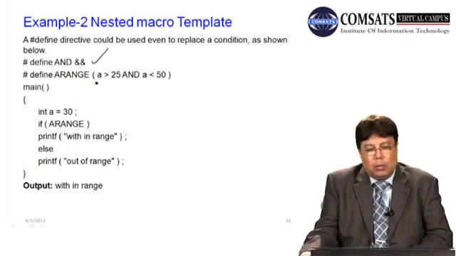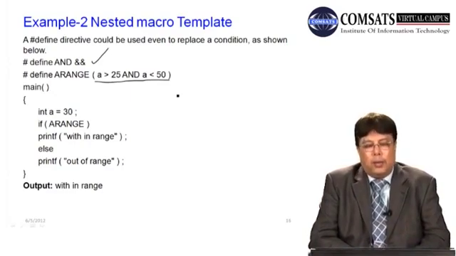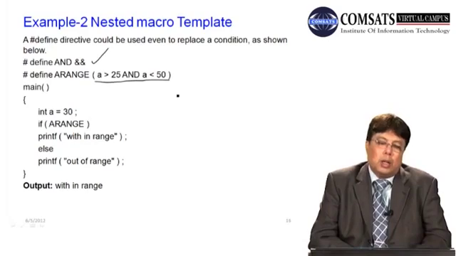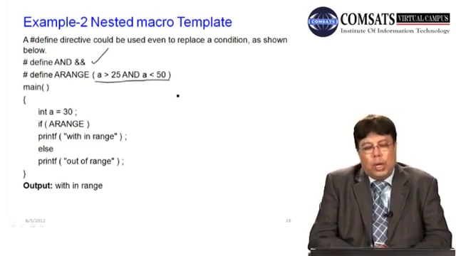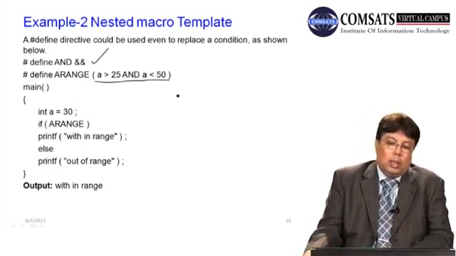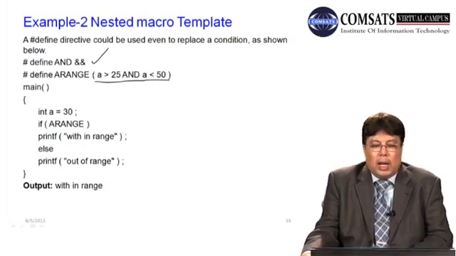Now we can say that if a student gets marks A greater than 25 और A is less than 50, किसी बच्चे के नंबर अगर 25 से ज़्यादा और 50 से कम तो we can consider कि that student, वो जो बच्चा है, is an average student. Okay, so this test A is greater than equal to 25 and A is less than equal to 50, we have defined it as word average.